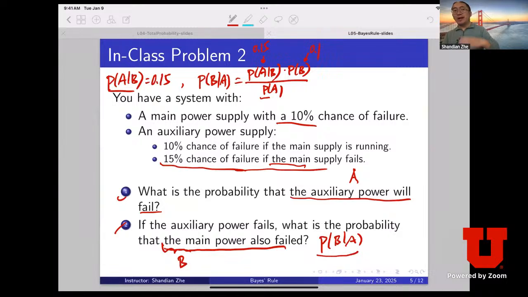There's no explicit clue telling you what P of A is. You have to compute that. The good thing is that we have two numbers which can be directly read from the problem statement. But if you want to compute P of A, you have to do some extra calculation. And how do we calculate P of A?